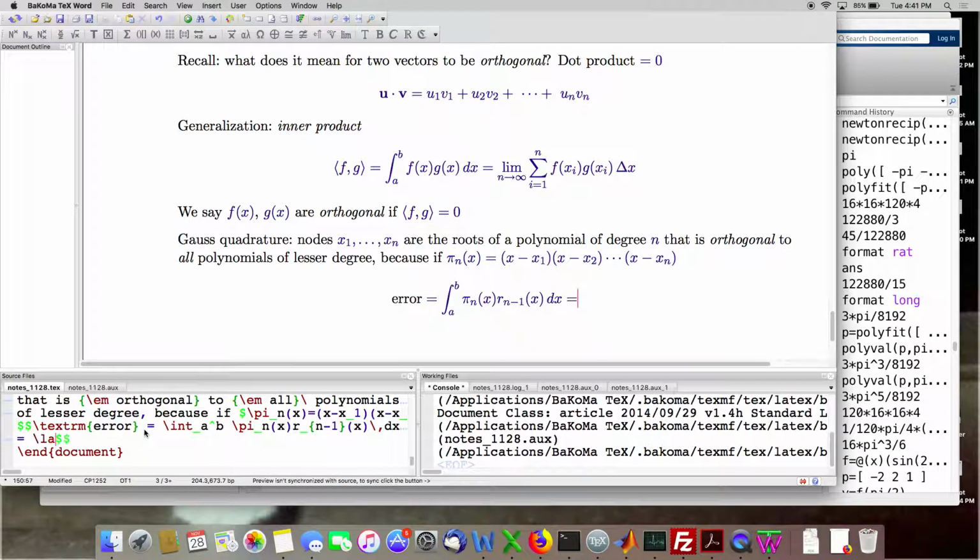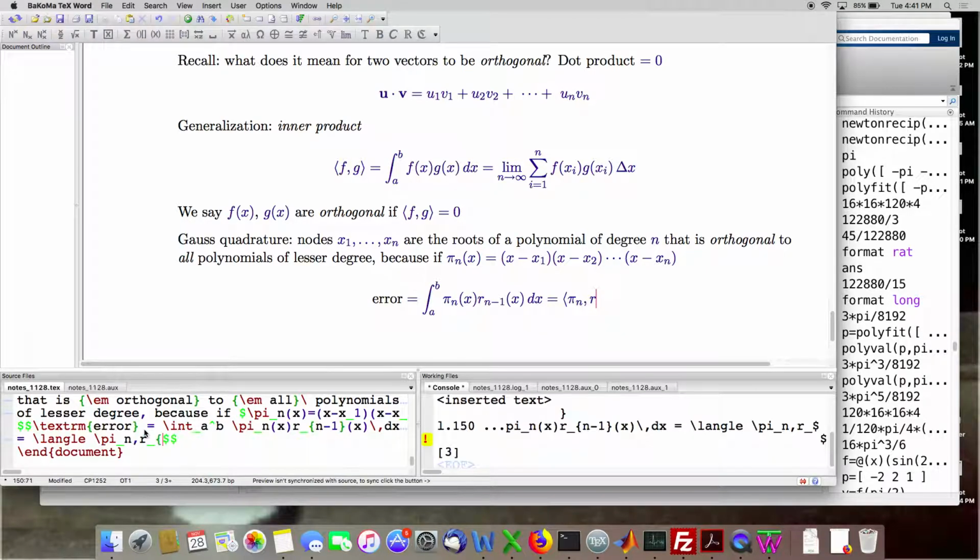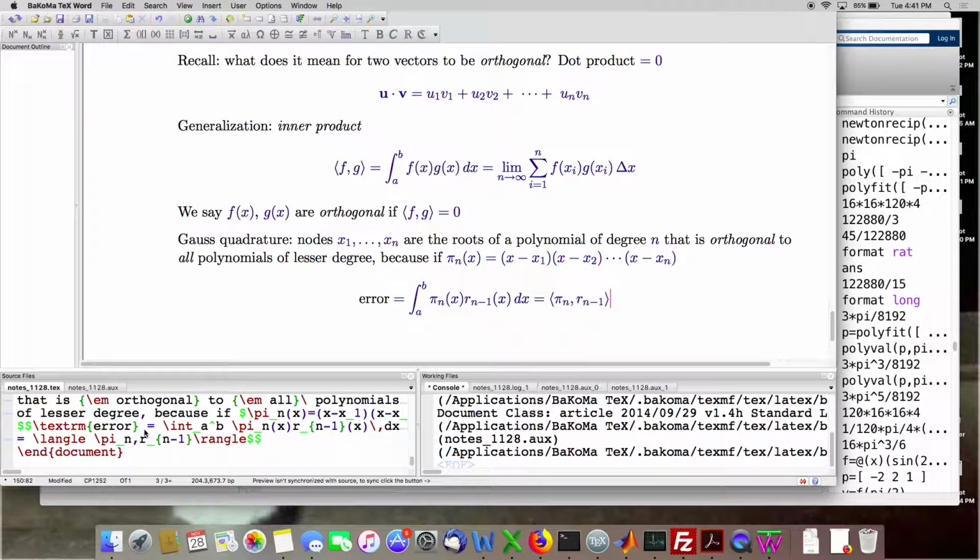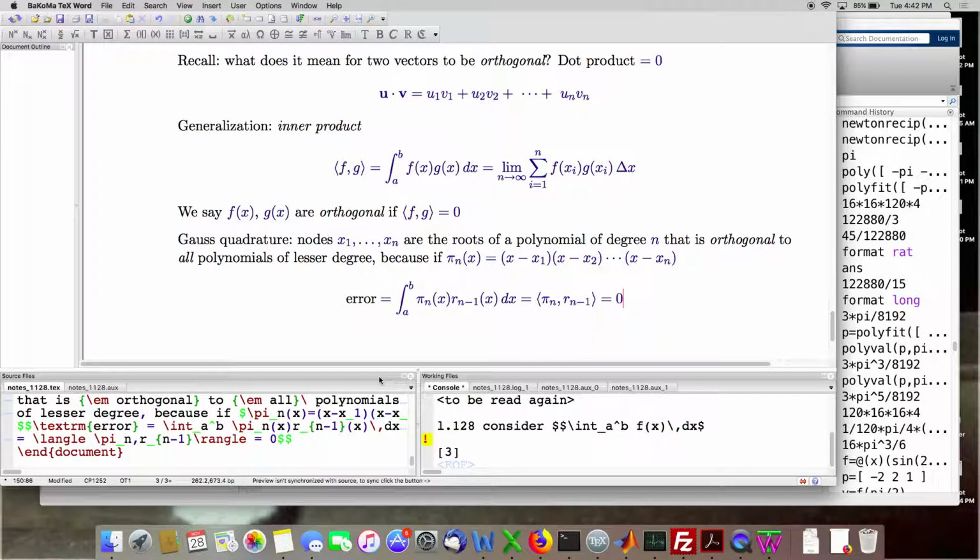But that is the inner product of this polynomial, pi n, with this polynomial, Rn minus 1. Now, Rn minus 1 has lesser degree. It's degree at most n minus 1. This is degree n. Therefore, the error is 0. Therefore, the integral is exact.